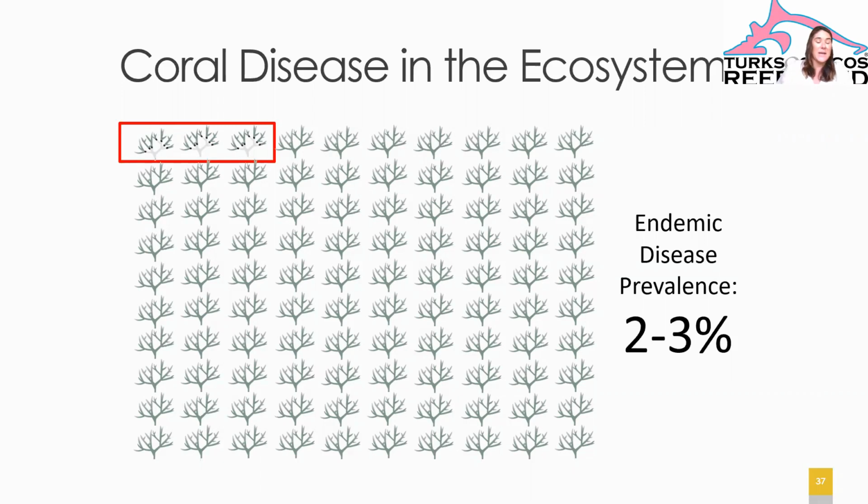What this means is that 2 or 3 of every 100 corals surveyed will have some ailment, some form of disease. And this is actually based on all coral species within that population. So I do want to make note that the 2 to 3% is based on every species within that reef.